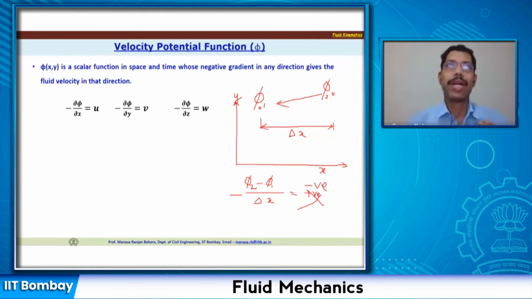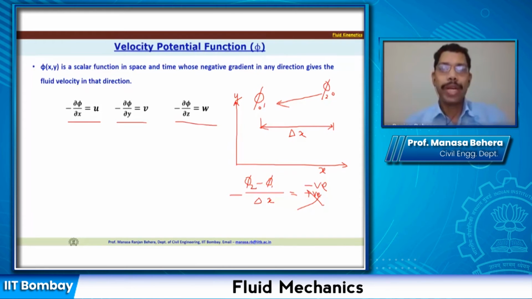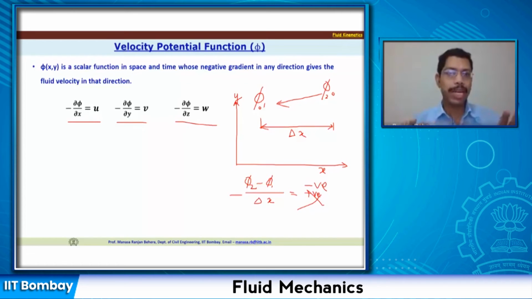So we have these three different expressions: for u, minus dou phi by dou x; for v, minus dou phi by dou y; and for w, minus dou phi by dou z. If you take the negative gradient in any direction, that gives you the fluid velocity in that direction. So the phi function is a scalar function in space and time whose negative gradient in any direction gives the fluid velocity in that direction.